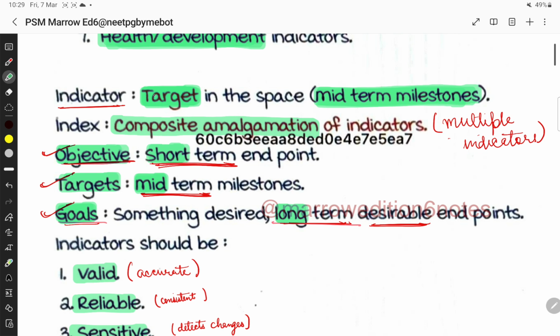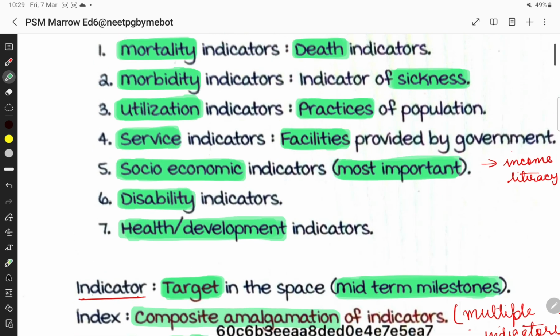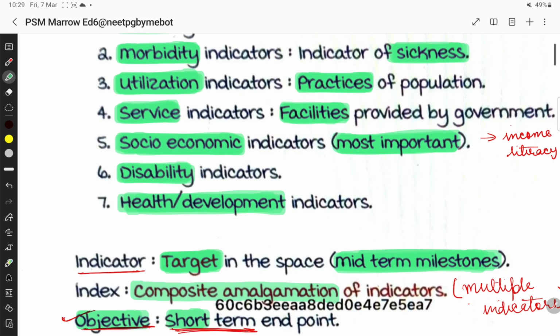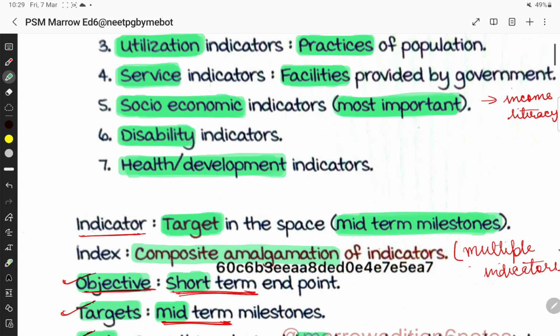So what is an indicator? An indicator is a target, a mid-term milestone. These are the individual indicators: mortality, morbidity, utilization, service, socio-economic, disability, and health and development indicators.